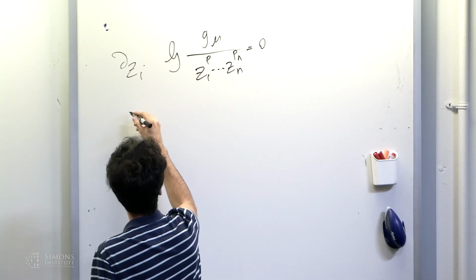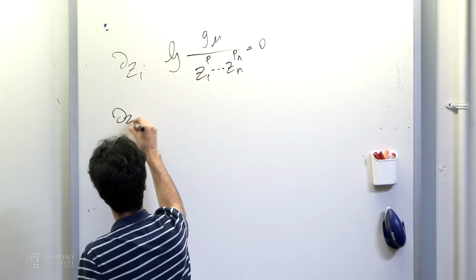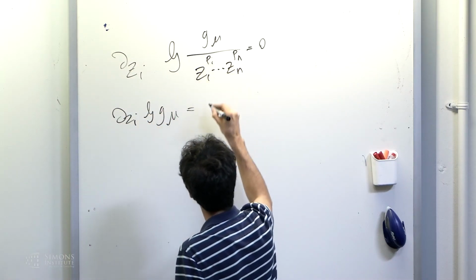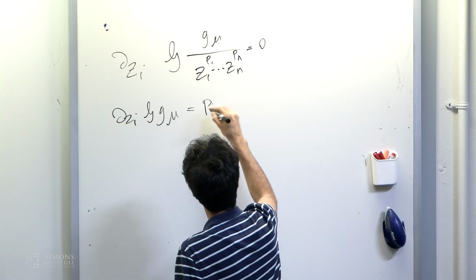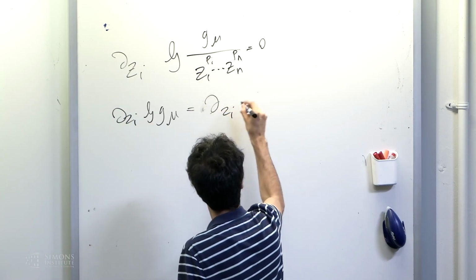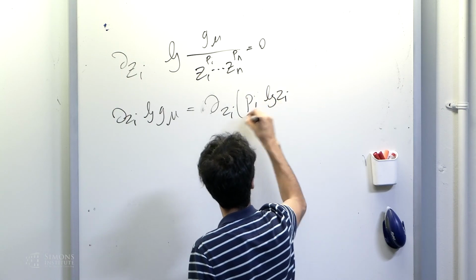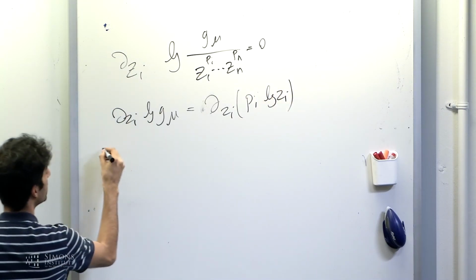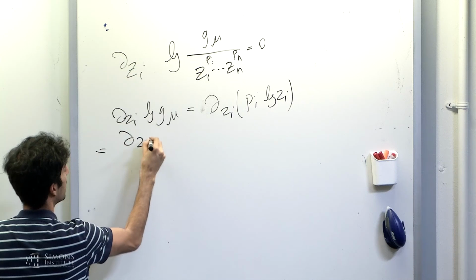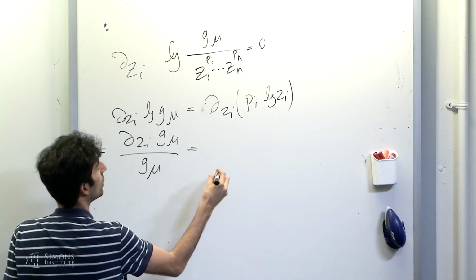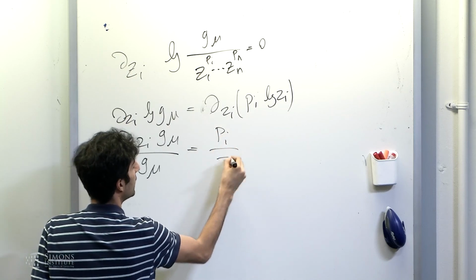It's basically partial zi of log of g mu must be equal to partial zi of pi times log of zi. So you do the differentiation.